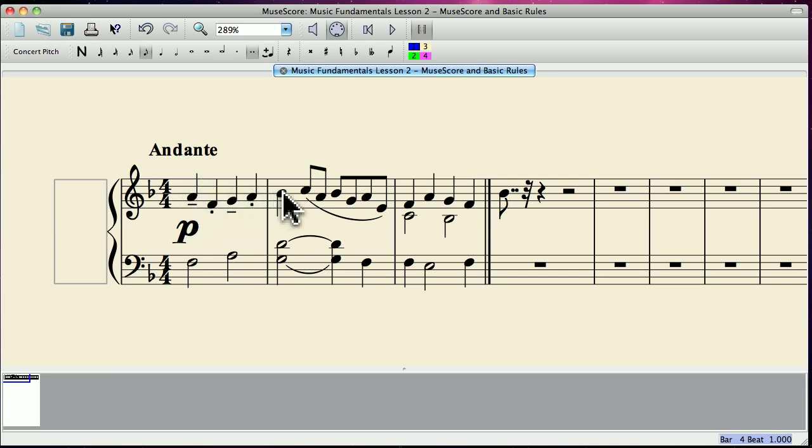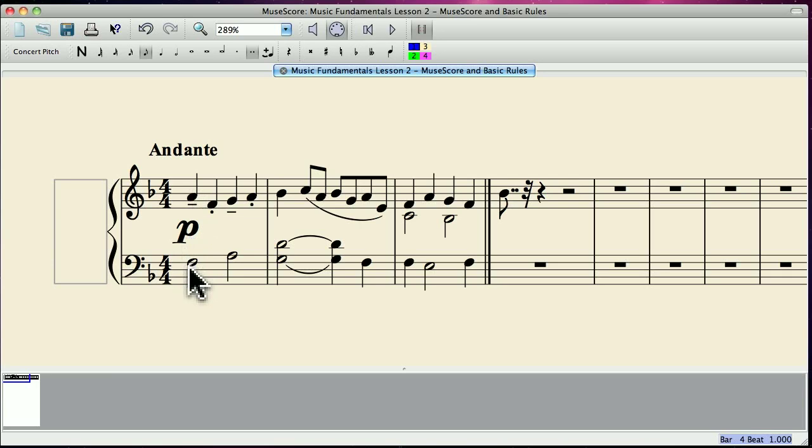When the note head falls on the middle line and above, the stem direction is always down. Whenever you have a stem that goes up, it's always on the right side of the note head. Whenever you have a stem that goes down, it's always on the left-hand side of the note head.